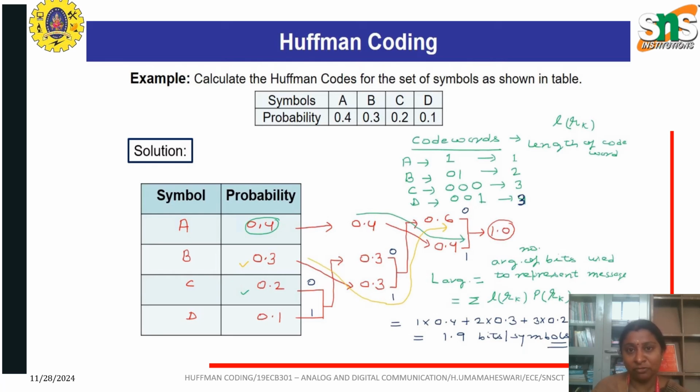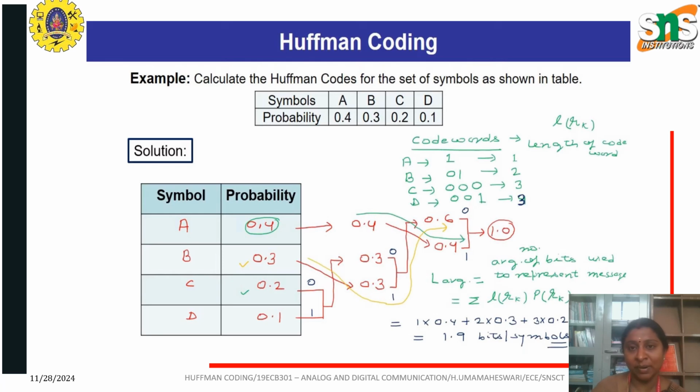So 0.6 is assigned 0 and 0.4 is assigned 1. Likewise, we assign the zeros and ones, and we find the average code word length, then the entropy, then finally the efficiency. We can also calculate the redundancy here. Redundancy is 1 minus the efficiency.